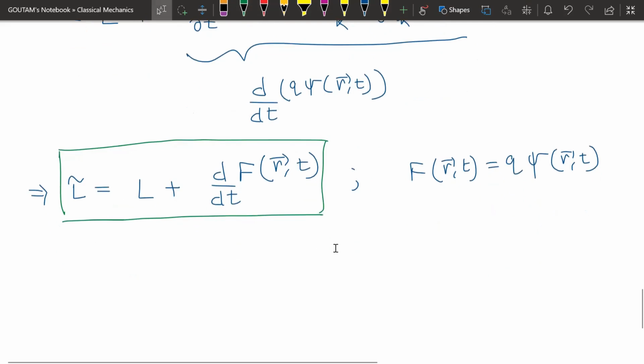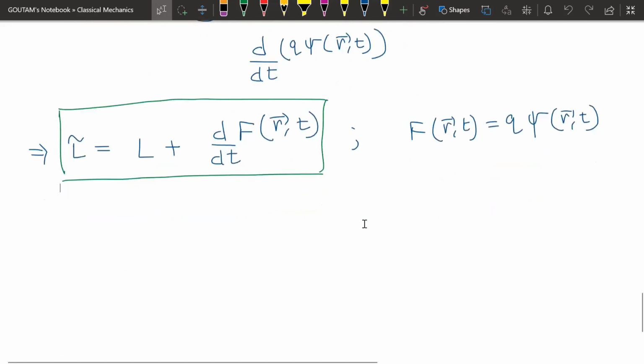We already solved a problem which says that if we add this kind of term like df/dt, where f is a function of r and t, to our Lagrangian, the equation of motion is invariant. We already did this problem in our previous class.